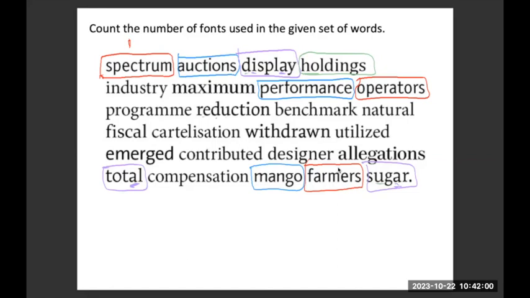Thank you. Holdings, G, O. It's different.